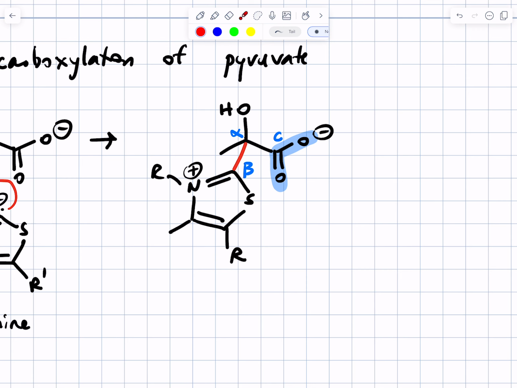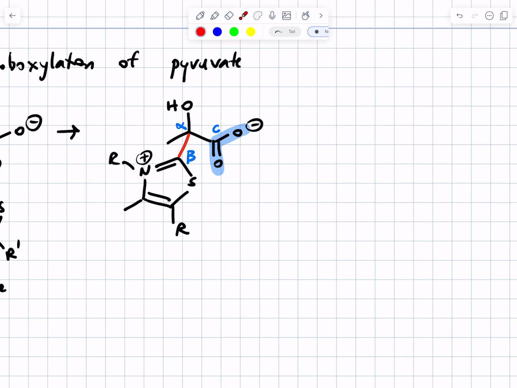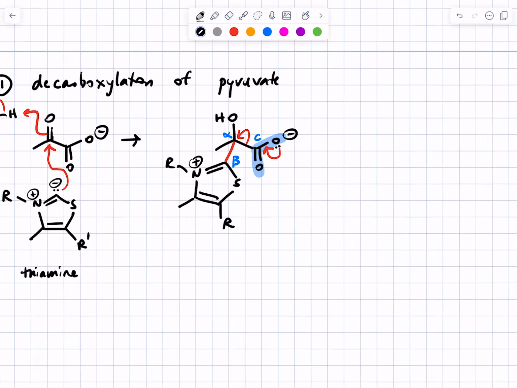So by having thiamine attack at the ketone, we install a group that can stabilize a negative charge by resonance. We put someplace for the electrons to go. Thiamine basically acts like an electron sink for the electrons that are going to be left behind when CO2 leaves. So at this point, we're ready for a decarboxylation.